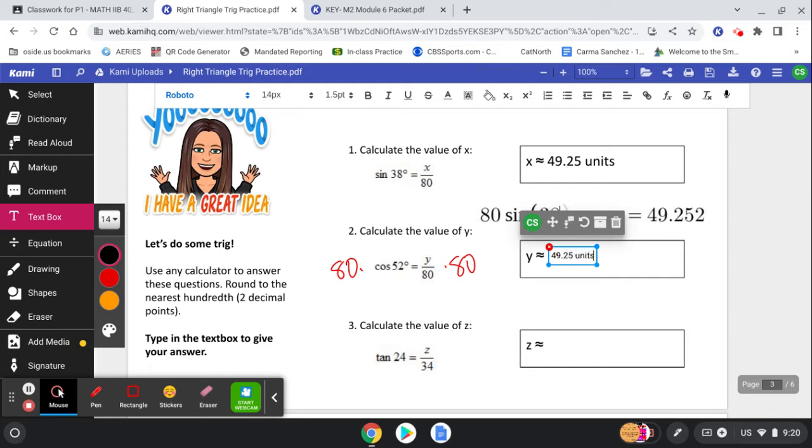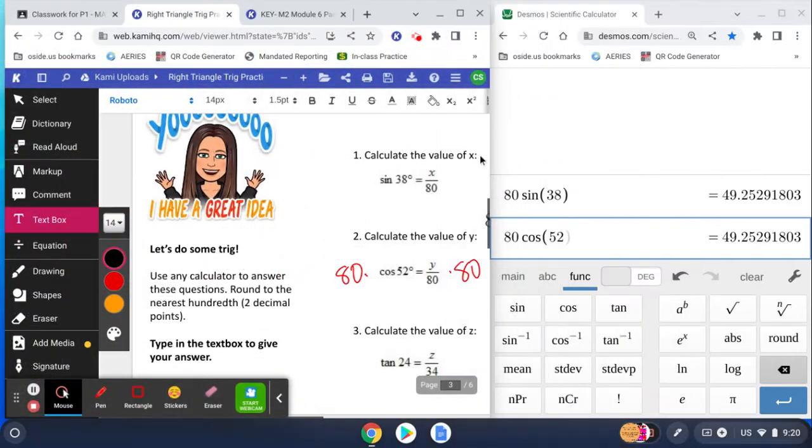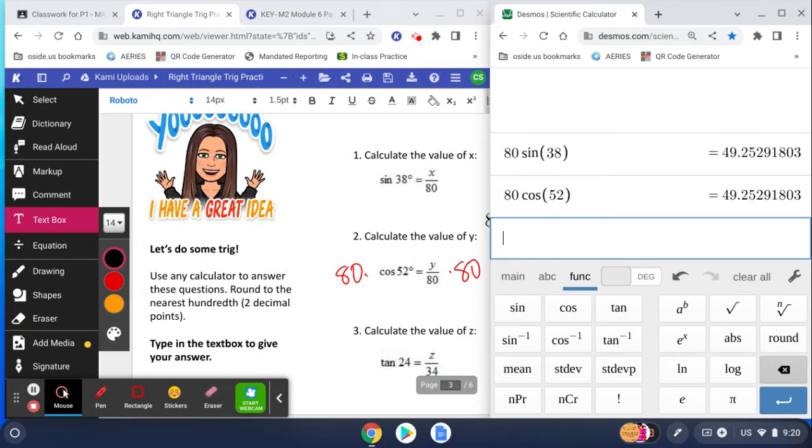And since they didn't give us any units, we're just going to say units. All right, last one is 34 times the tangent of 24. And that gives us 15.14 if we round up.